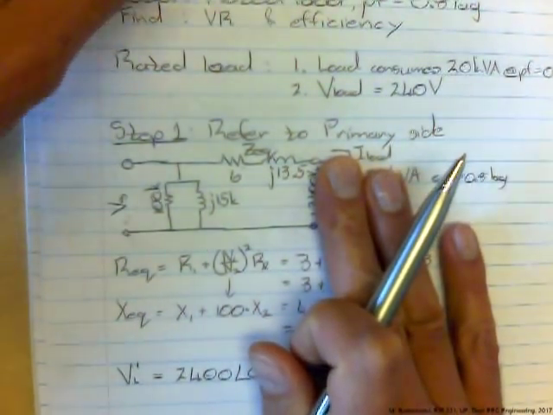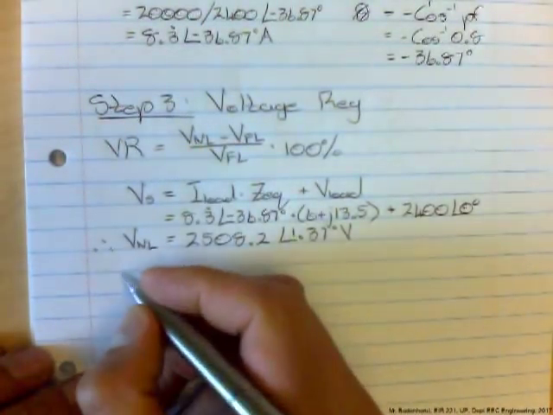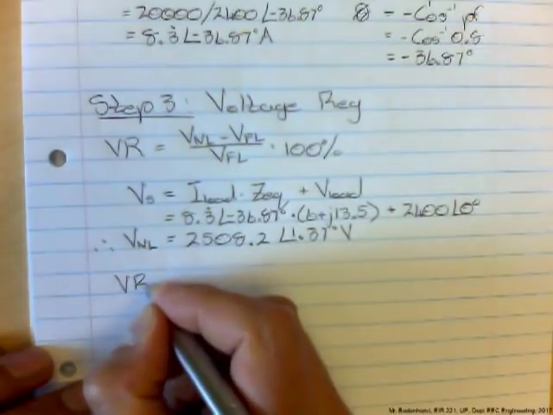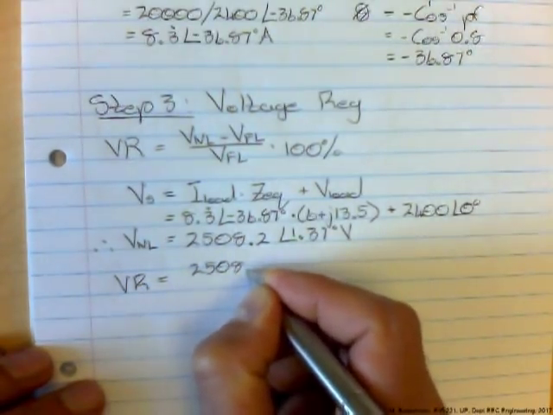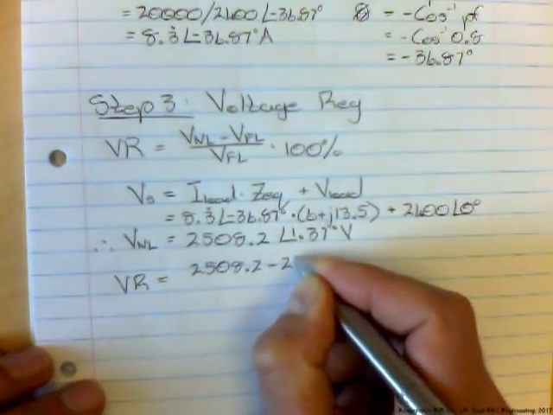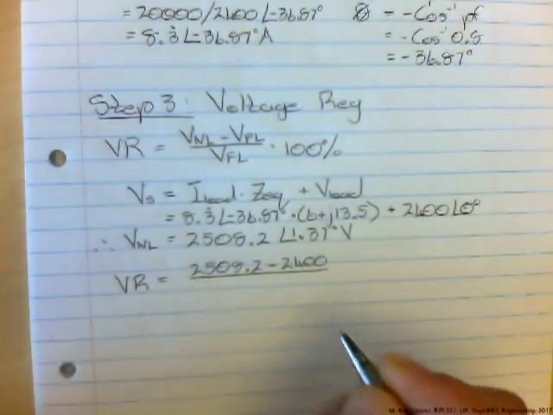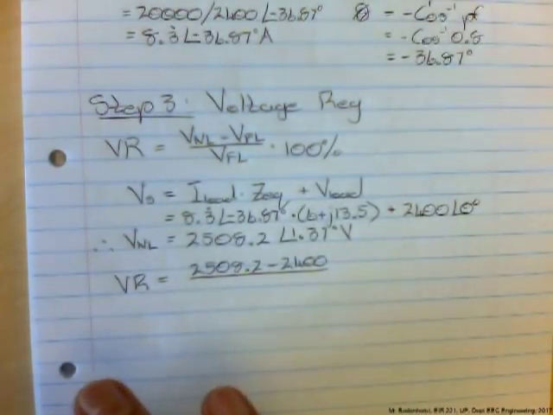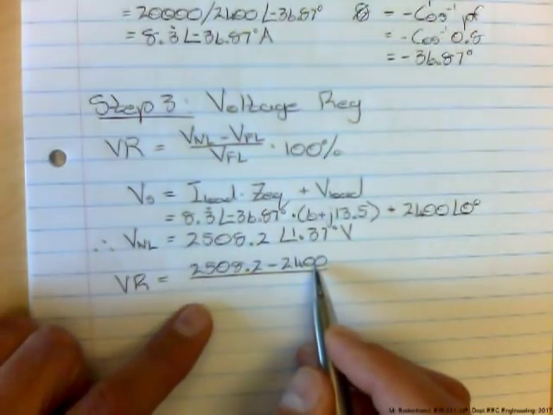So we have our no load voltage, we have our full load voltage, so we can calculate the voltage regulation. 2508.2 minus the 2400, and you'll notice here, very important, there's no angles involved, it's simply the magnitude. So it's a scalar that we're calculating, so only the magnitudes of the voltage are being used now.